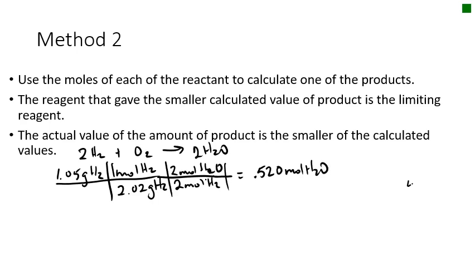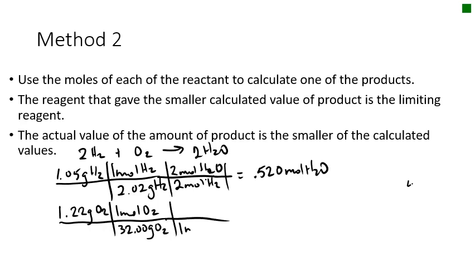We're now going to do the same thing with the starting amount of oxygen from the problem, which was 1.22 grams of O2. I would then convert using my molar mass into moles, so I'd have 32.00 grams of O2, and then my mole ratio in this case, I would have 1 mole of oxygen producing 2 moles of the H2O.